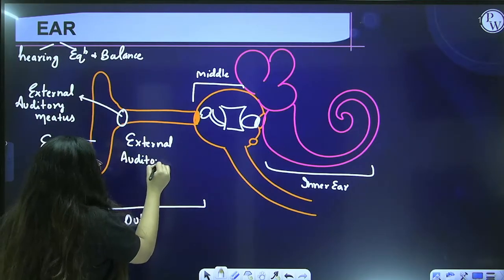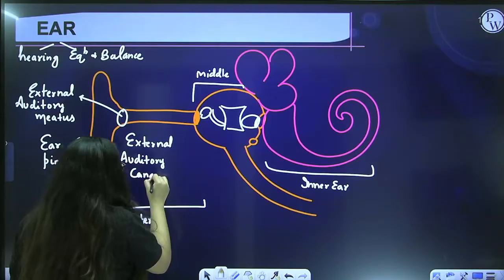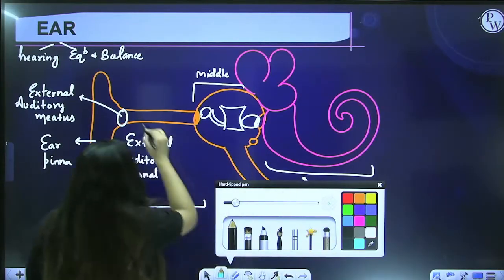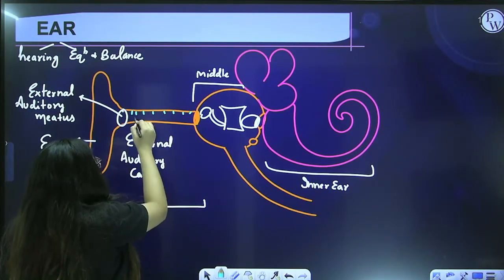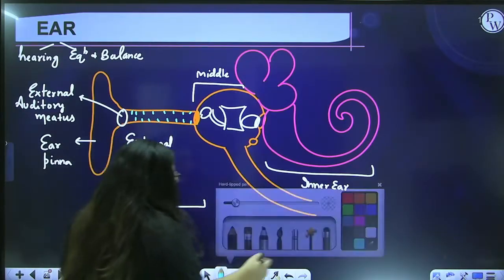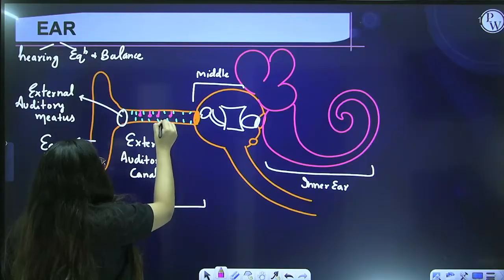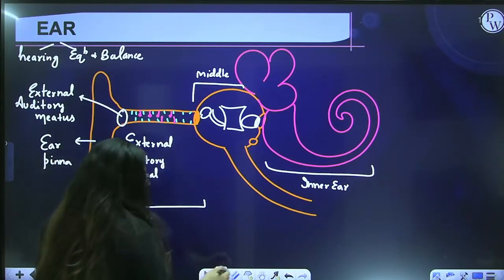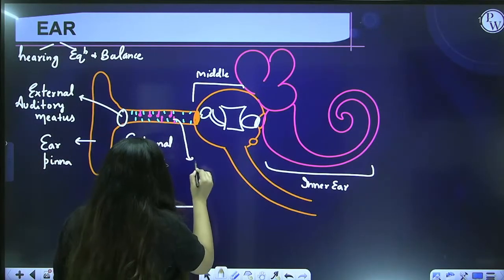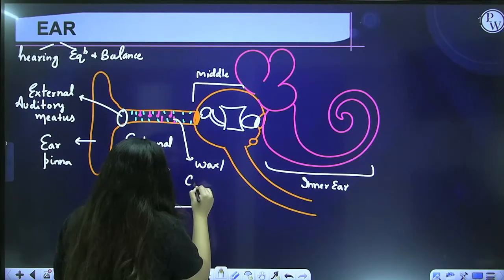And this external auditory canal has small hair and certain glands, which are the wax glands. What are these? Wax glands or ceruminous glands.